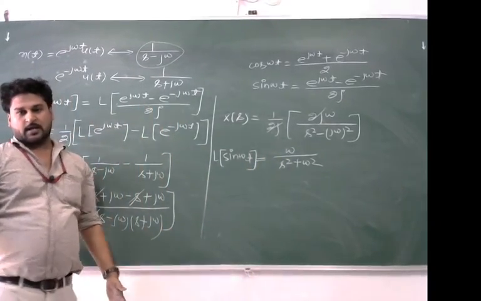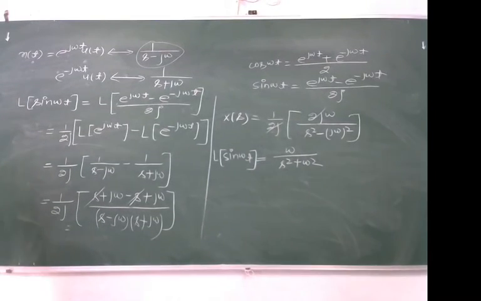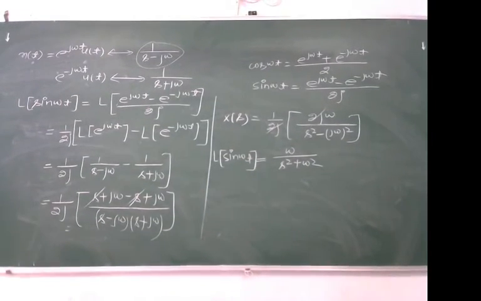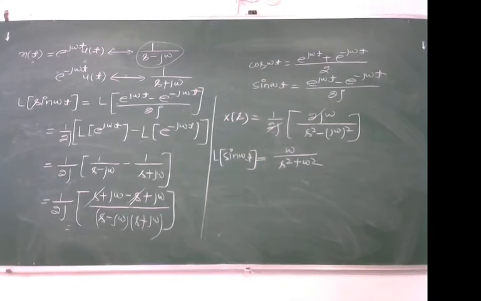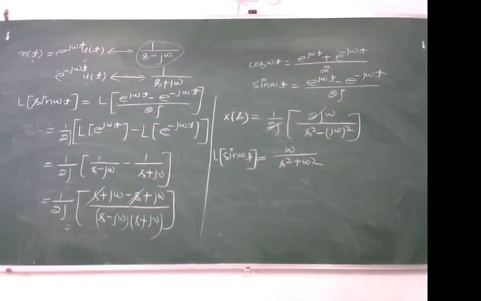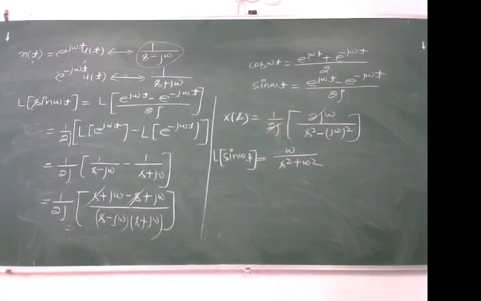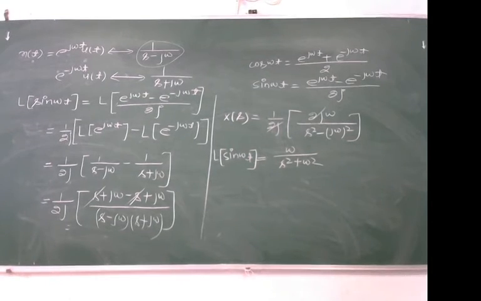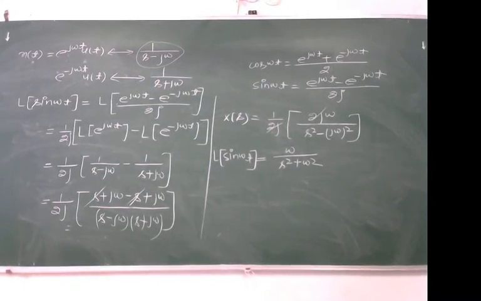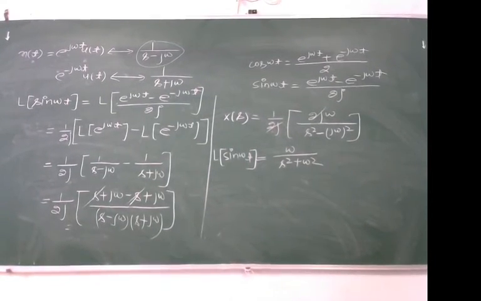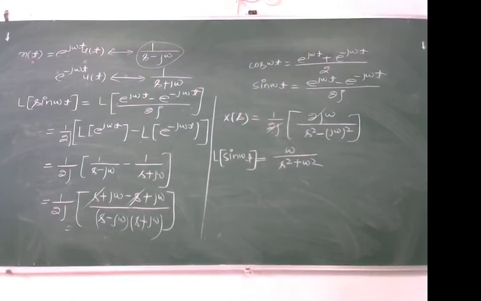So these are some important lessons. We can directly utilize these relations to get the Laplace transform of a given signal, or similarly we can find out the Laplace transform of e power minus at also, and this will be equal to 1 upon s plus a.